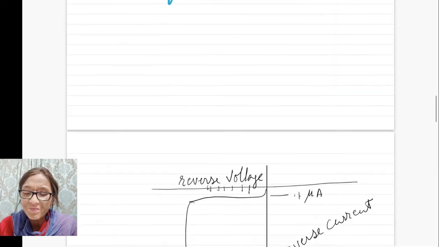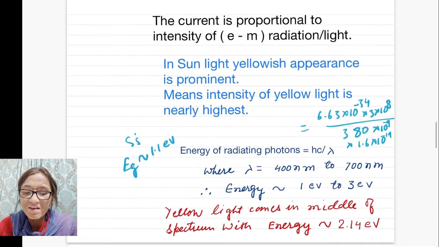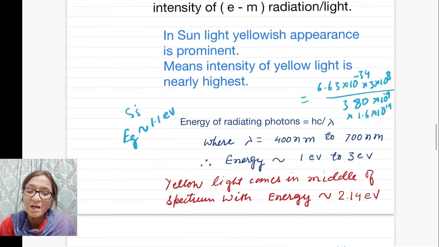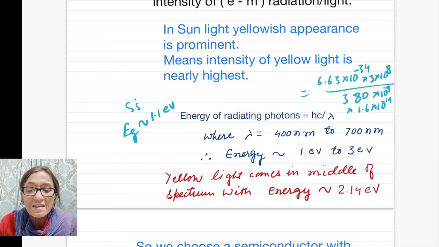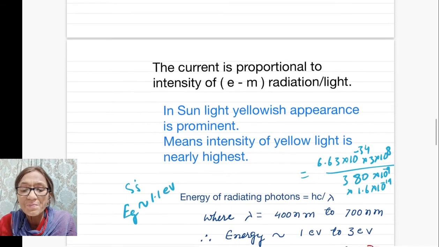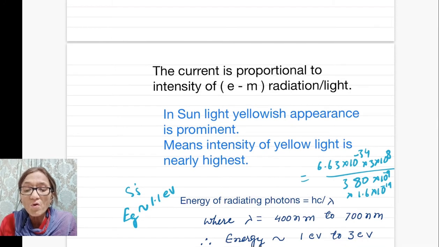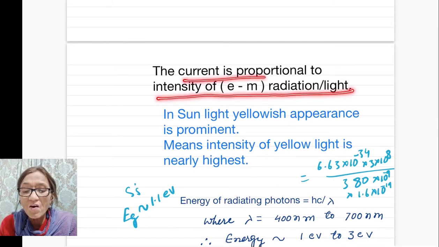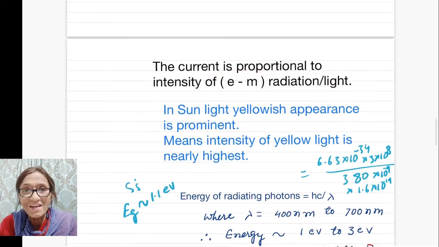Then, how much energy should be given to overcome a bond strength of 1.1 electron volt? So let me find the energy of incident radiations. And one more thing is important, that intensity of light is proportional to current.